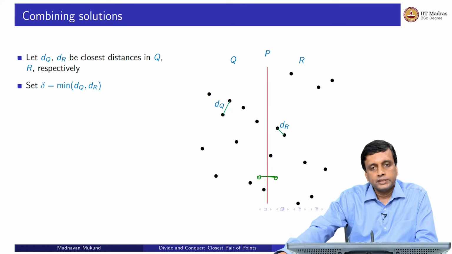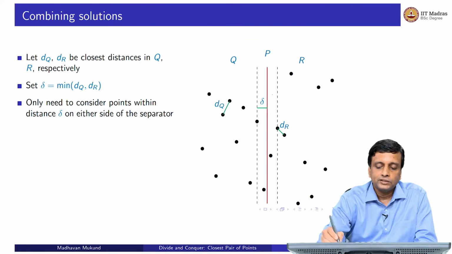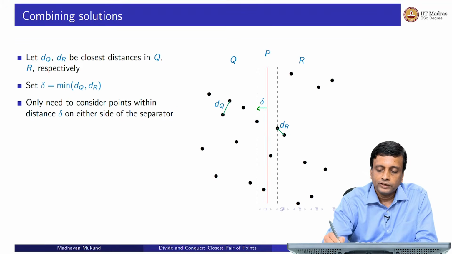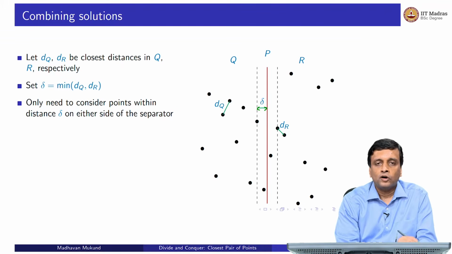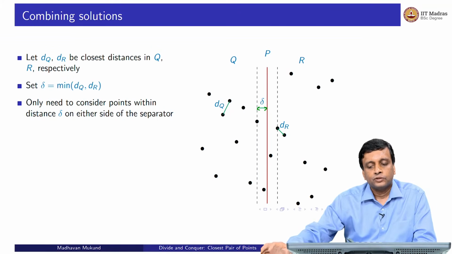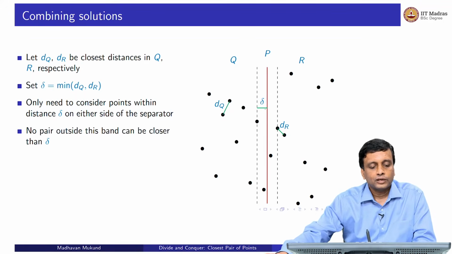So what can we do with this delta? What we can do is focus our attention on this band which is within distance delta of the separator, right. So this distance here is delta. So I draw a line which is delta to the left of the separator and I draw a line which is delta to the right of the separator. So this delta band, it's delta plus delta, so it's 2 delta wide, okay.